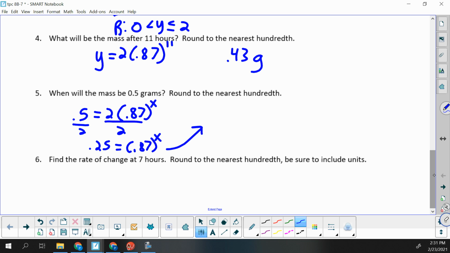And if you want to find an x in the exponent, we've got to do a log. So we're going to have log base 0.87 of 0.25 is equal to x. And we'll give you a moment to sub that in. And notice we're rounding to the nearest hundredth.